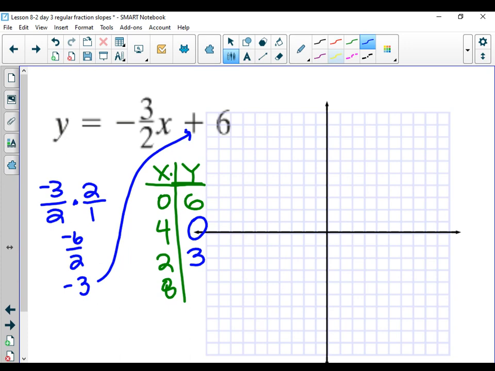Does anyone want to do the 8? Isabel, you did it? Oh, yeah. Did you get negative 6? Nope. Negative 3?